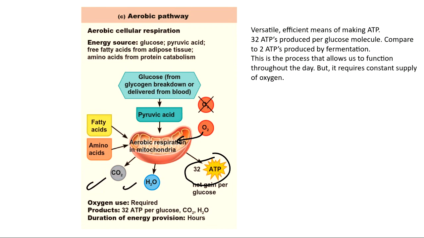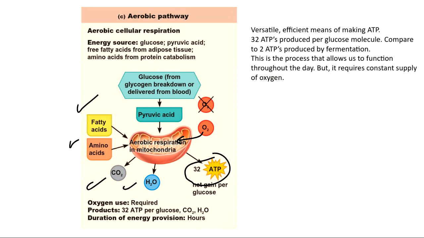Also notice that aerobic respiration could use fatty acids as sources of energy or even amino acids from proteins. So it's not exclusively stuck with needing glucose, whereas fermentation needs only glucose, can only use glucose. And obviously creatine, the one-step phosphorylation of creatine phosphate will need just creatine or creatine phosphate.